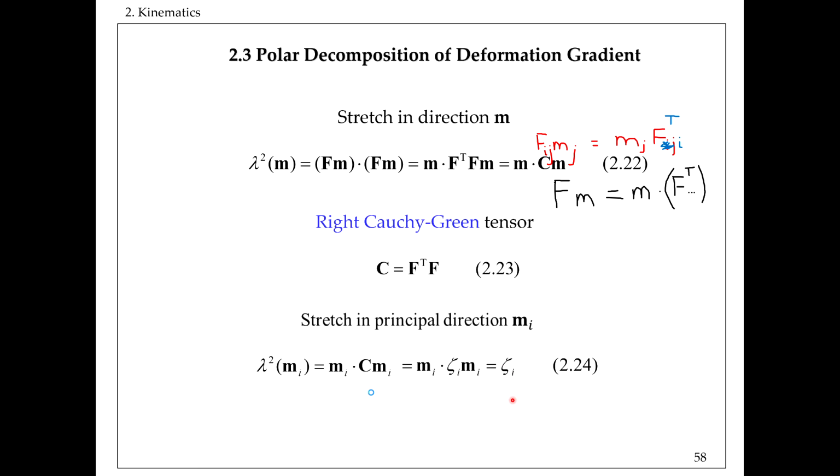So what does that mean? That means that if we consider this second order tensor, its eigenvectors are M_i.